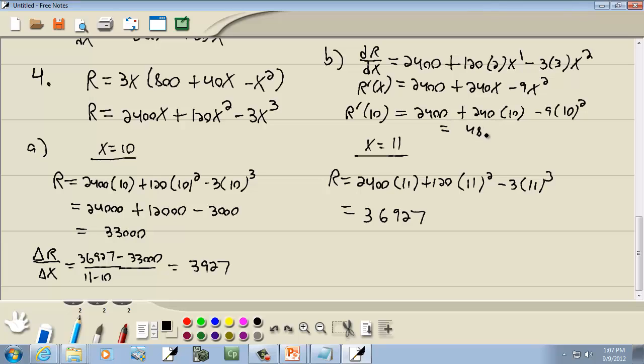This gives us 4800 minus, that's 100, 900. So that gives us 3700. Assuming I did my basic math right here. Let me double check myself. Okay, plus 240x minus 9x squared.